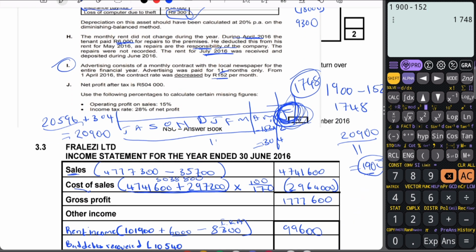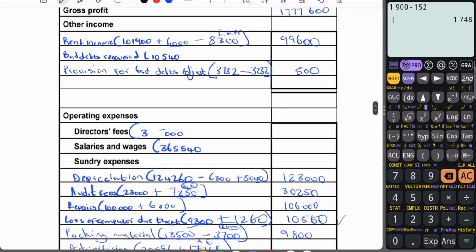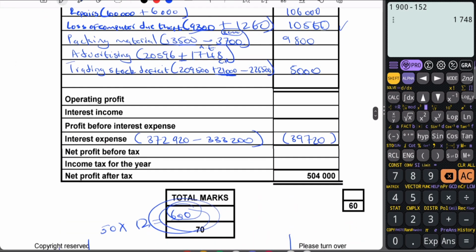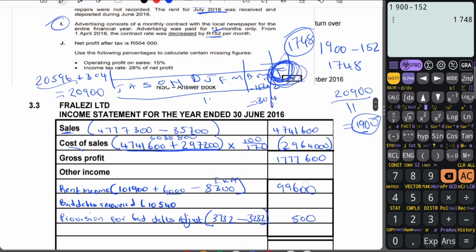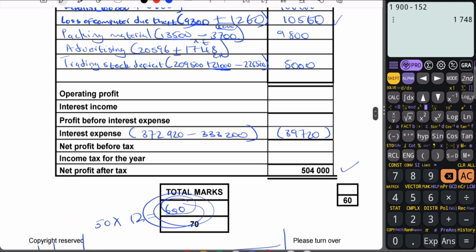Number J now. Net profit after tax is given, so that one is simple. We are given net profit after tax as how much? 504. They even recorded it now. Income tax is 28% of the net profit. If we are given the net profit after tax, how do you get the income tax?